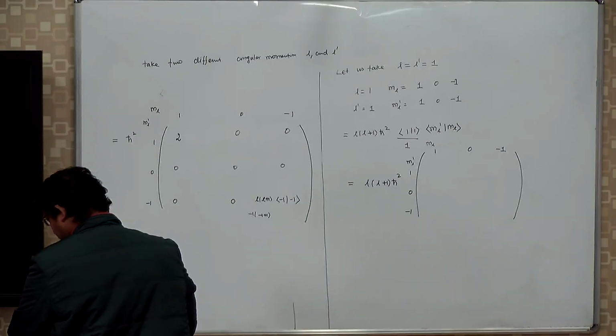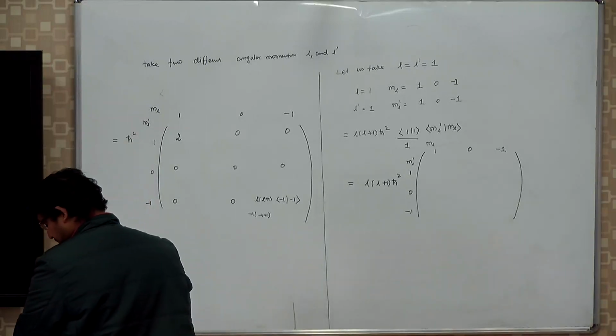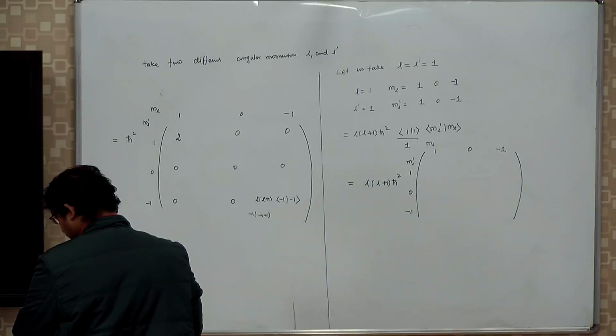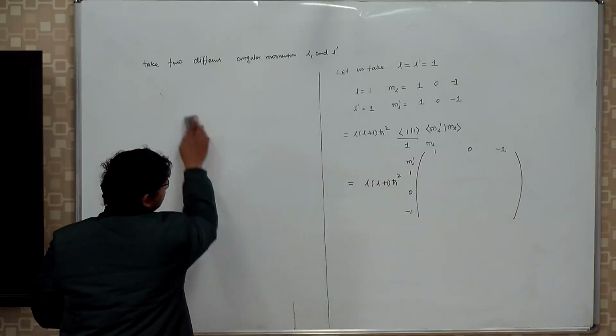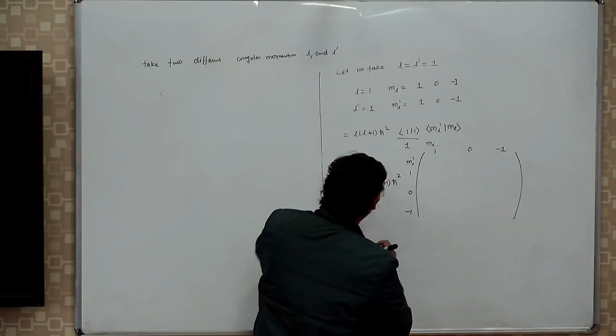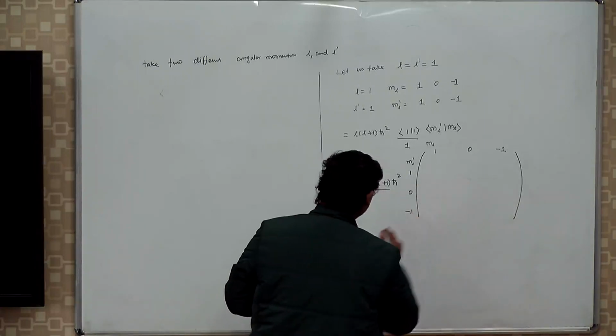In other words, we can also calculate. Coming to here, the value of L equal to 1, so this product again will be 1. 1 plus 1 ħ squared, then this matrix will be here.